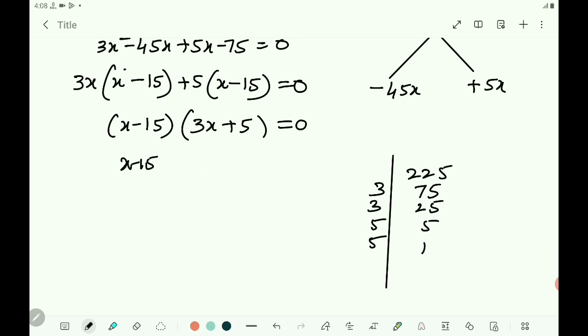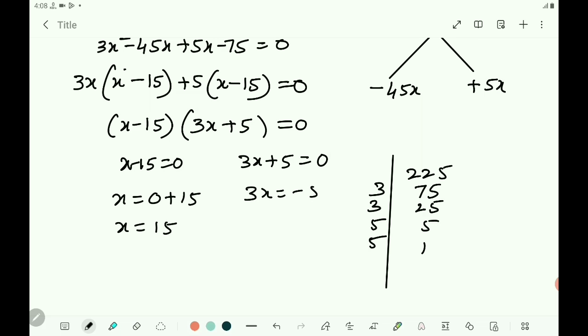X minus 15 equals 0, or 3x plus 5 equals 0. X equals 0 plus 15, x equals 15. 3x equals minus 5, x equals minus 5 by 3. Here, as x is the speed, we have to consider positive only.